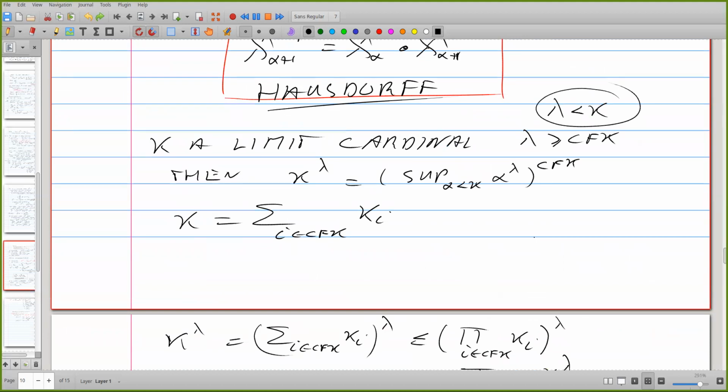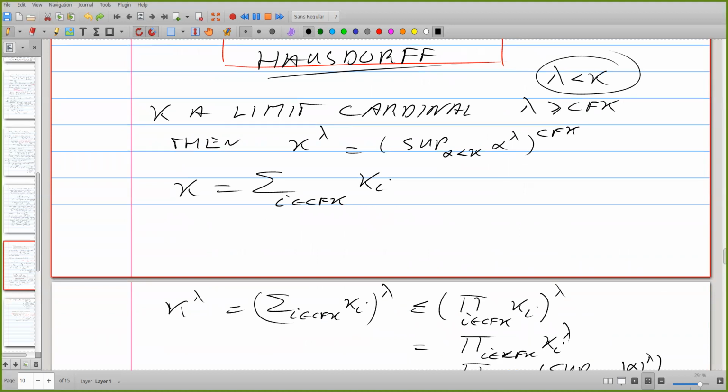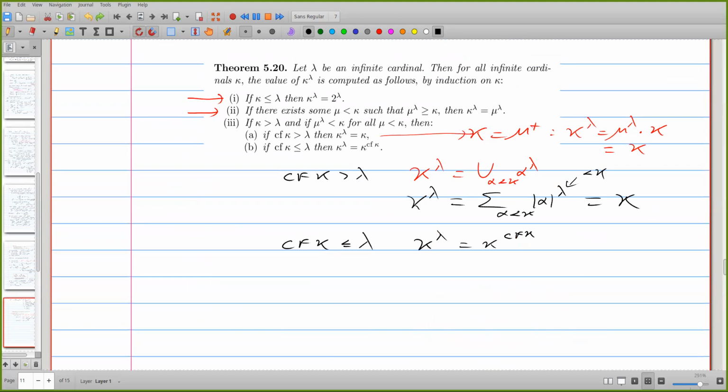If kappa is a limit cardinal and lambda is at least the cofinality of kappa, then kappa to the lambda is equal to the supremum to the power cofinality kappa. But now the supremum of the alpha to the lambda, alpha less than kappa, is kappa because of the fact that all those powers are less than kappa.